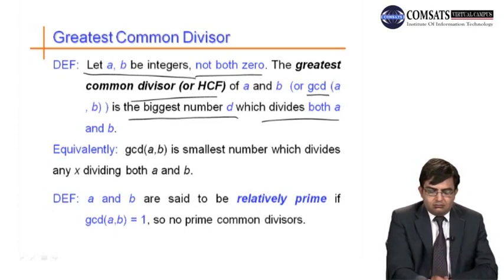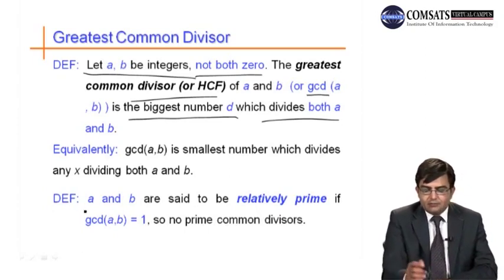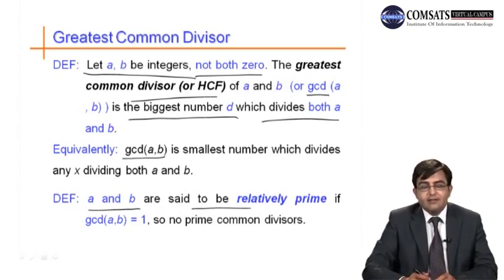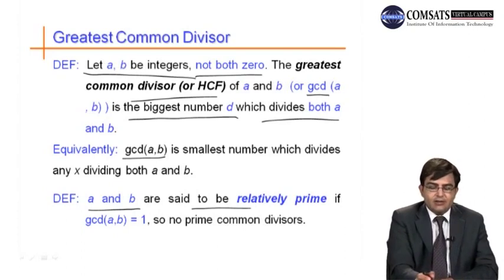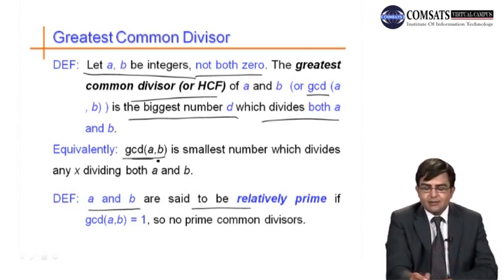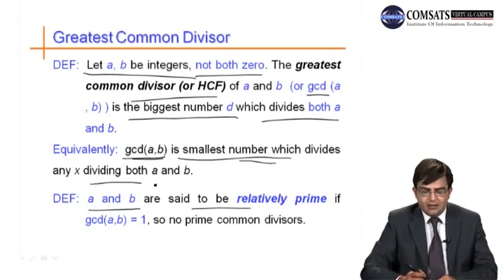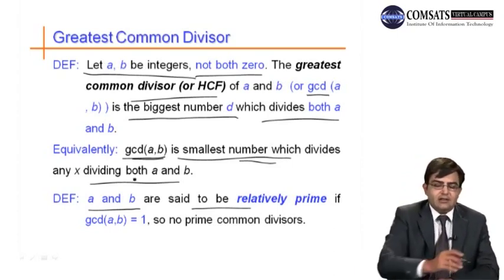Another definition: the GCD of a and b is the smallest number such that any x dividing both a and b divides it. Meaning if there is some other number which divides both a and b, then the greatest common divisor is divisible by that number also. So this is basically the equivalent form of the definition of the GCD.